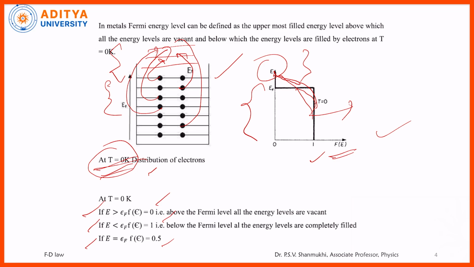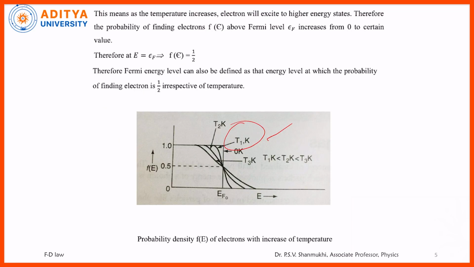Below the Fermi level, the lower and lower energy levels you go, the probability decreases from 1 to a certain value. So as the temperature increases, we get different probability curves at T1, T2, T3, and so on. But irrespective of temperature, you take f of e equal to 0.5.